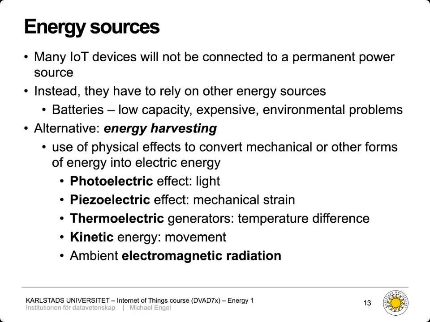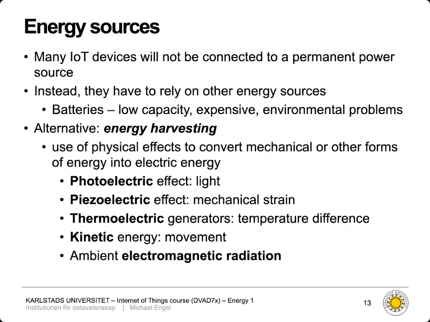So an alternative to this is to harvest energy from the environment. Energy harvesting means that we use some sort of physical effect that's out there, no matter if it's mechanical energy, for example, and we try to convert this energy into a form we can use, so into electrical energy.